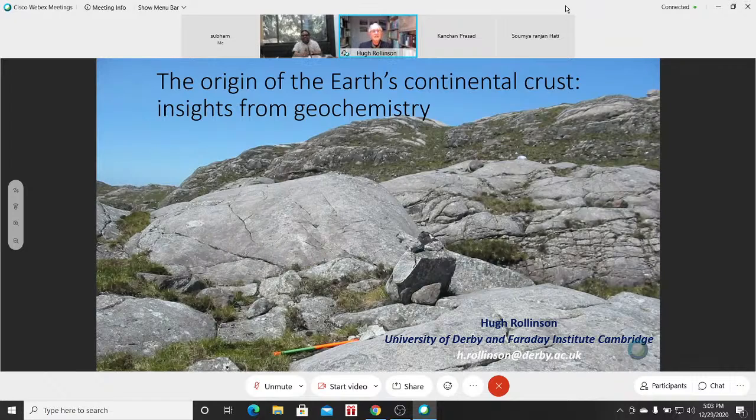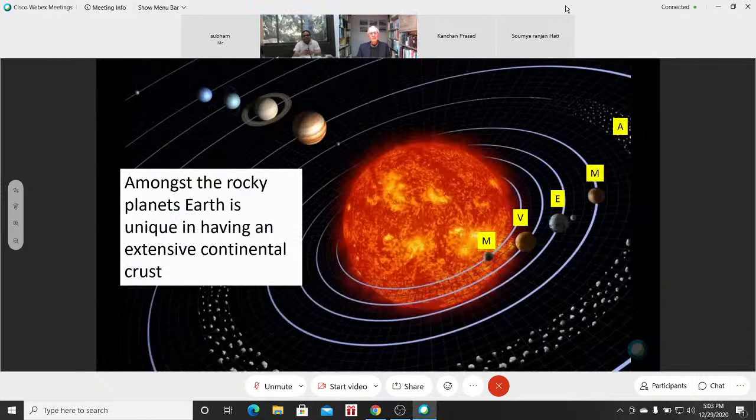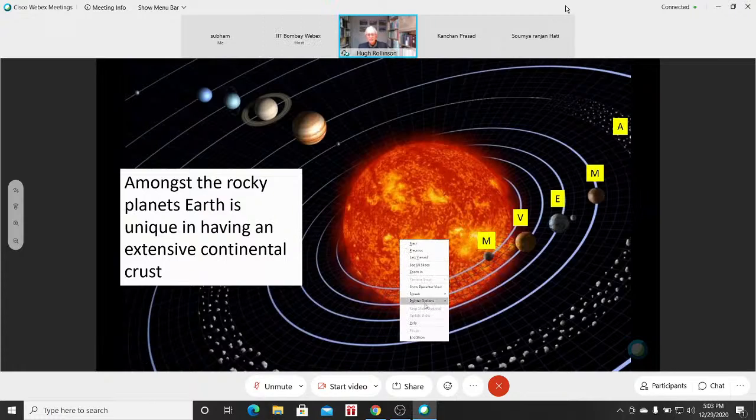Anyway, my topic this afternoon is to speak to you about the origin of the Earth's continental crust, and in particular how we might understand this process using the techniques of geochemistry. If we look at our own planet, the Earth, in the context of the solar system, we see that there are 4 rocky planets and then there's the asteroid belt.